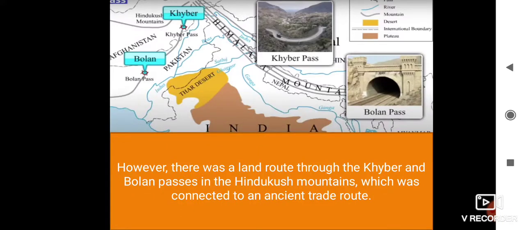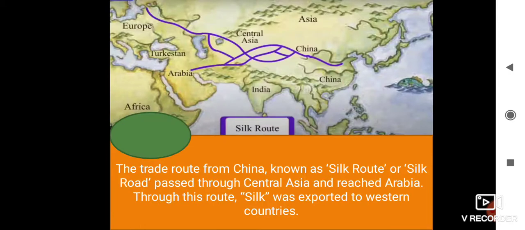However, there was a land route through the Khyber and the Bolan passes in the Hindu Kush mountains which was connected to an ancient trade route. The trade route from China, known as Silk Route or Silk Road, passed through Central Asia and reached Arabia. Through this route, silk was exported to the Western countries.